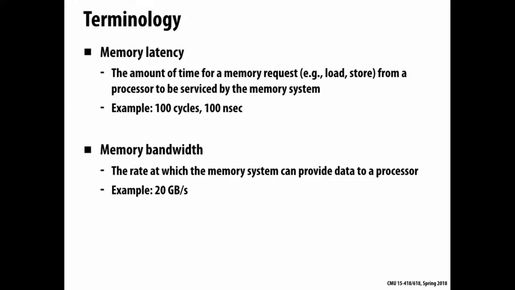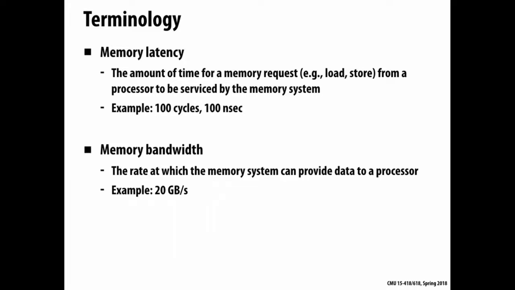So a typical number would be the DRAM access time, the memory access time, would be measured in, say, 100 nanoseconds, whereas a 1 gigahertz processor has a 1 nanosecond cycle time. And of course, most processors are a couple gigahertz.